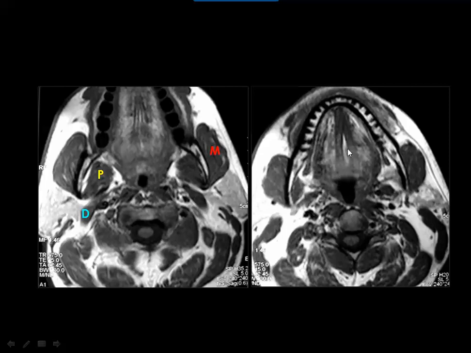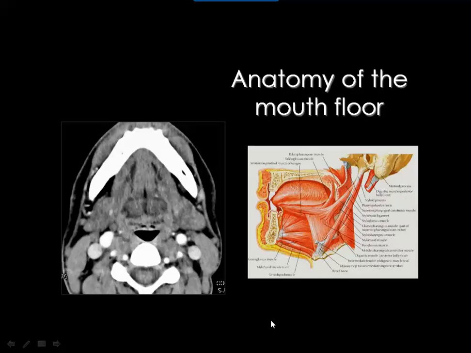Both muscles are separated by a very important anatomic landmark, which is the midline fat or fatty septum, which is important, as I have mentioned, and I will mention its importance immediately. Then looking at this axial image, we can see the muscle I have mentioned, which is the genioglossus muscle.